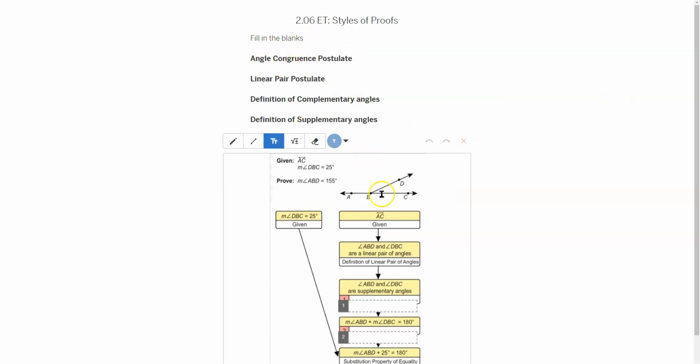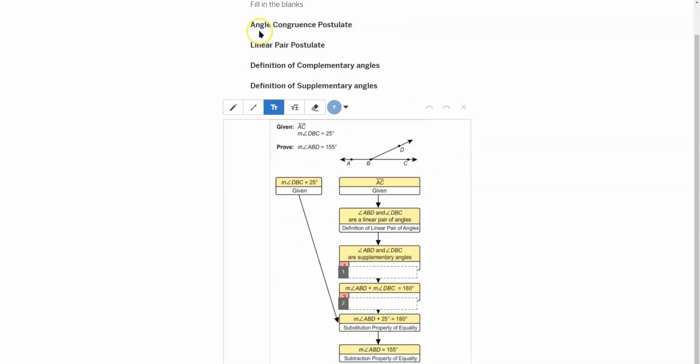Fill in the blank. Looks like we have 2 blanks here, so we want to use one of these 4 statements to fill in this blank for number 1 and this blank for number 2. We've already filled out what is given, and we've moved down our statement all the way to angle ABD and angle DBC are supplementary angles. If angle ABD and angle DBC are supplementary, we can say that that's because of the linear pair postulate.